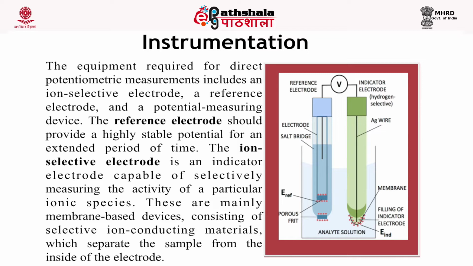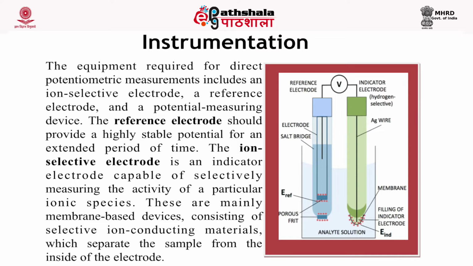The reference electrode should provide a highly stable potential for an extended period of time. The ion selective electrode is an indicator electrode capable of selectively measuring the activity of a particular ionic species.